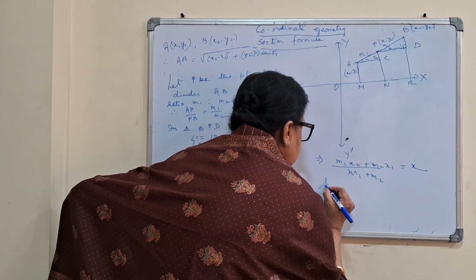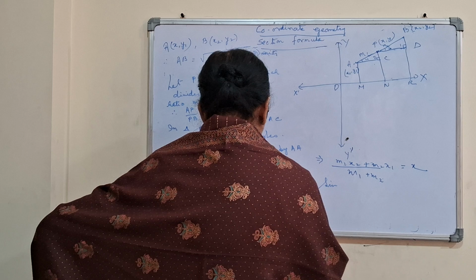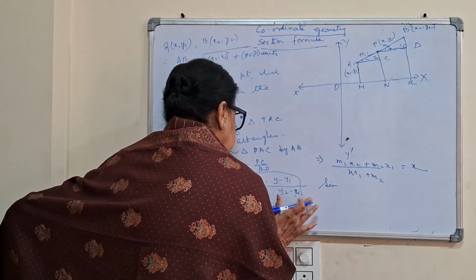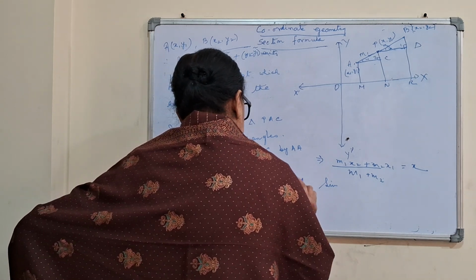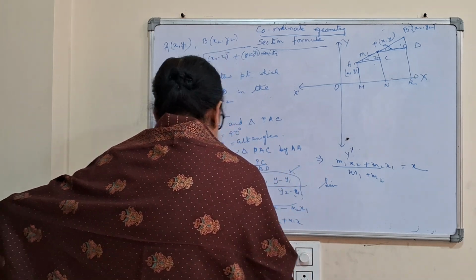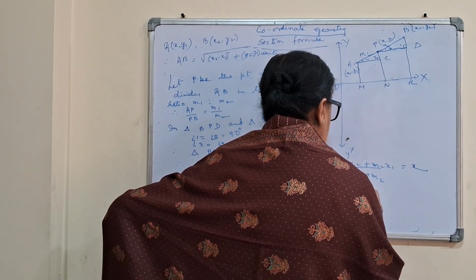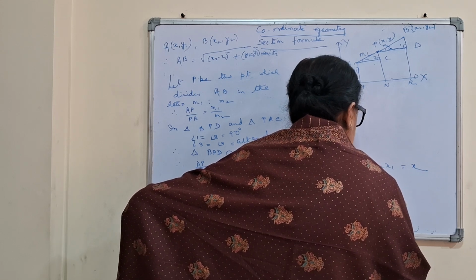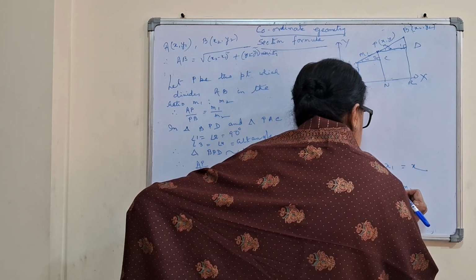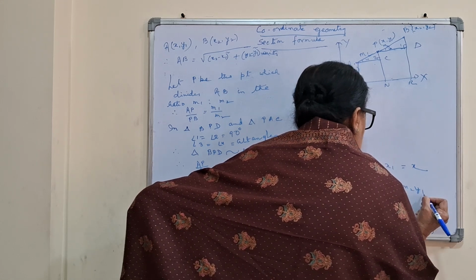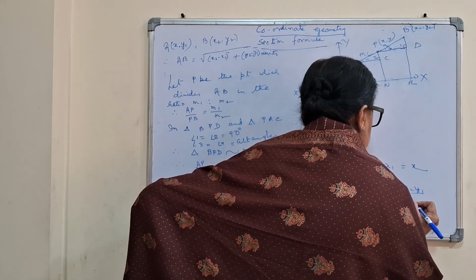And similarly, from these two, y is equal to (M1 y2 plus M2 y1) divided by (M1 plus M2).